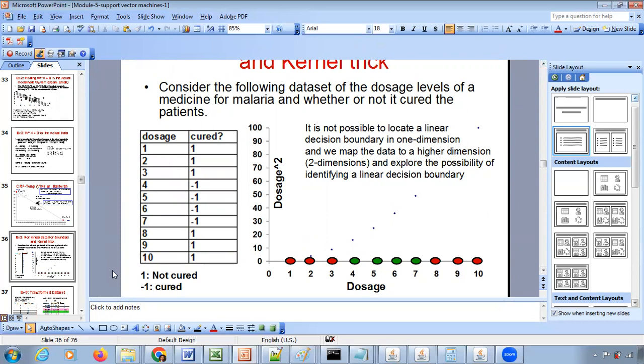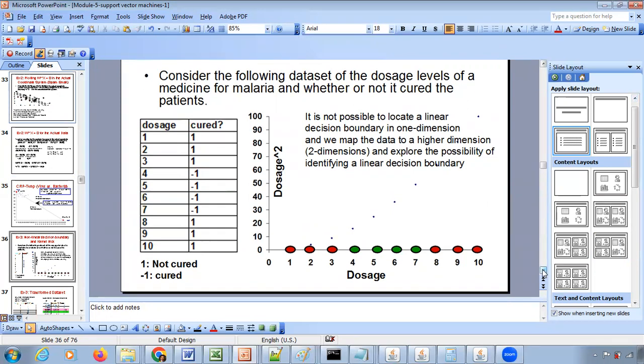And again, if the dosage is too high, the person's not getting cured. So that's not normal as well. So 1 is not cured, and -1 is the cured class. That is the normal. If you give a medicine, we expect the person to get cured.